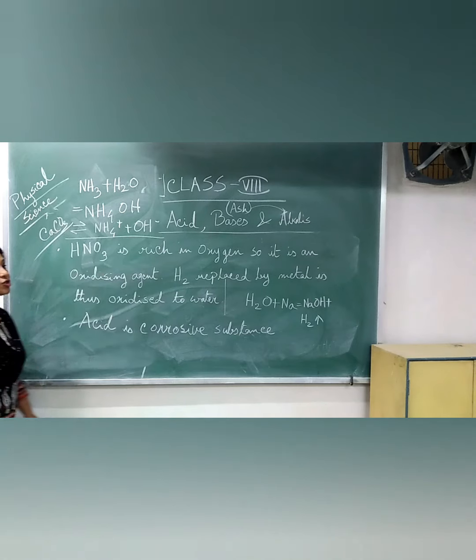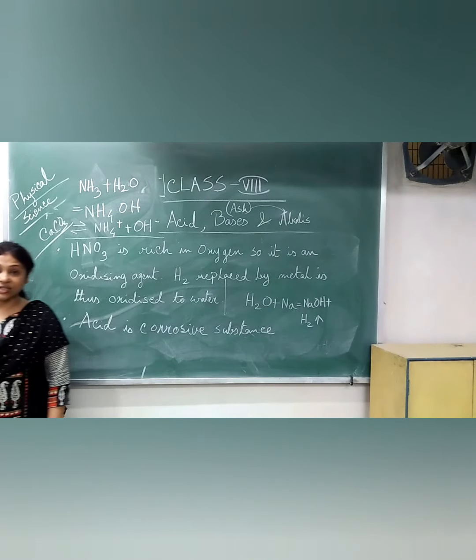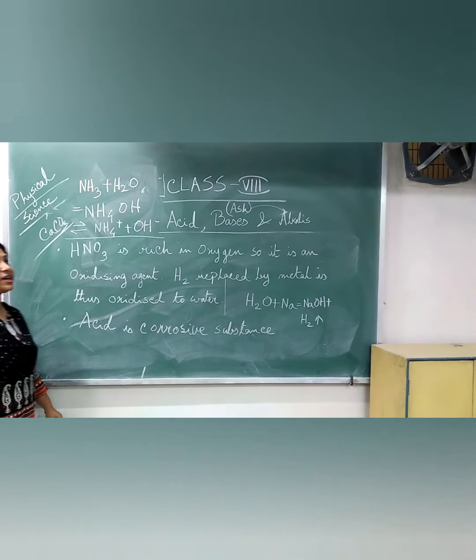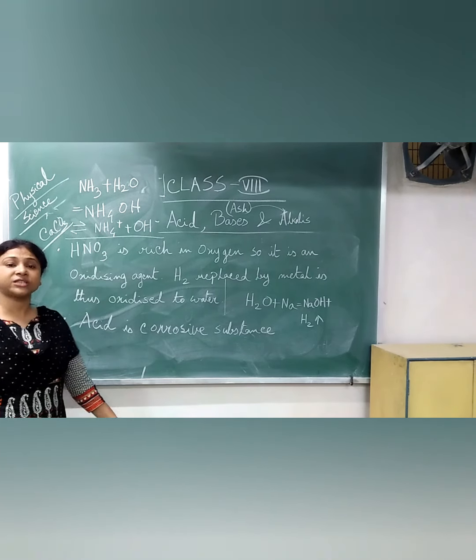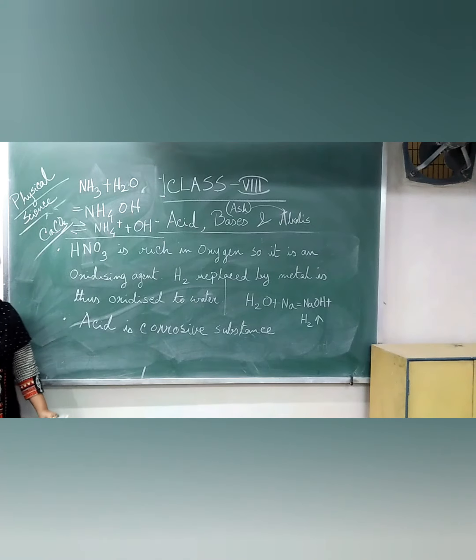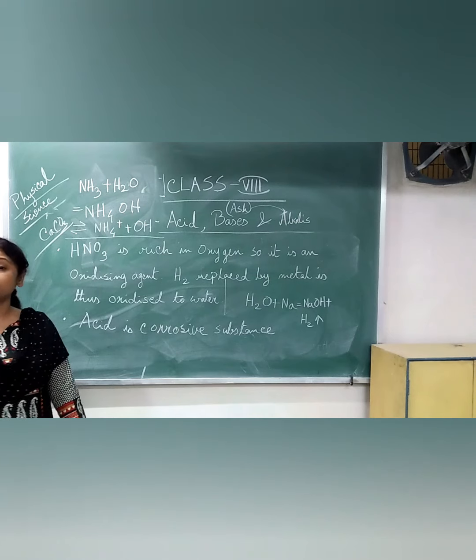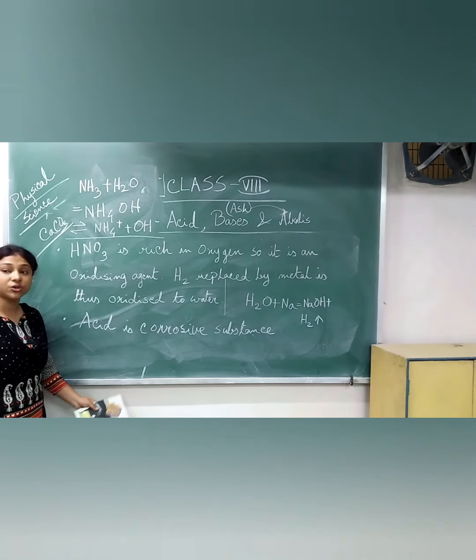Now what actually happens when acid rain or normal rain falls? Because when it rains, obviously carbon dioxide is present. This carbon dioxide present in air will react with water at the time of raining and form carbonic acid, that is H2CO3.